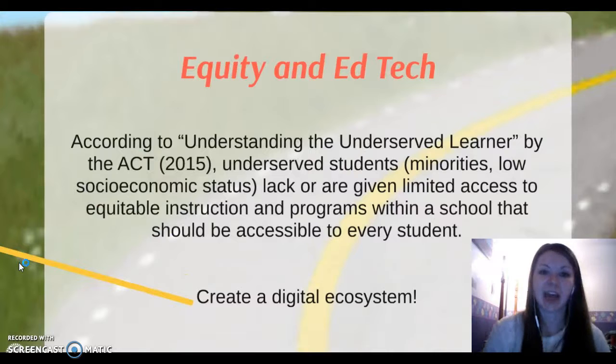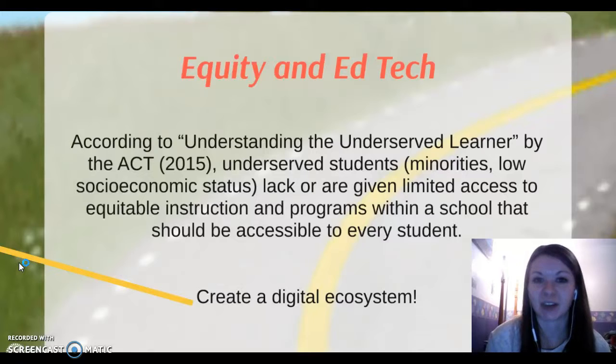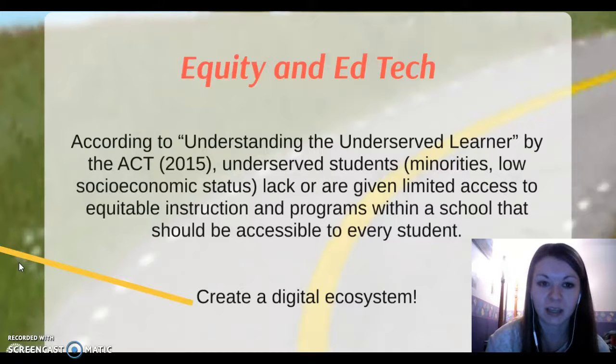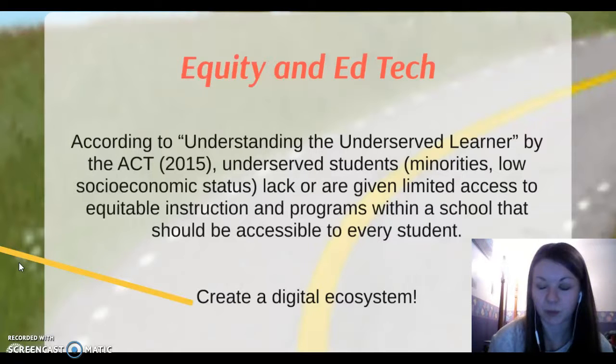All right, and equity. Equity is a huge part of what I do and what all teachers do, which is to make sure that everybody has equal access to information, and that can be done with ed tech. And we read an article, Understanding the Underserved Learner, written by the ACT, that talked about ways that we can use technology to help underserved learners, and they classify those as minorities or students with low socioeconomic status.